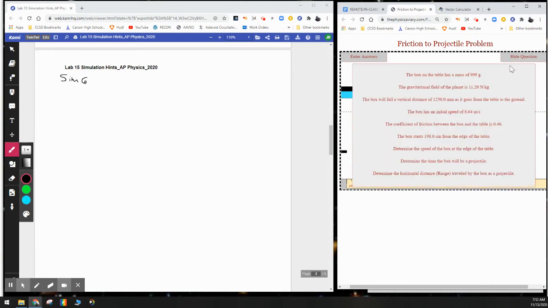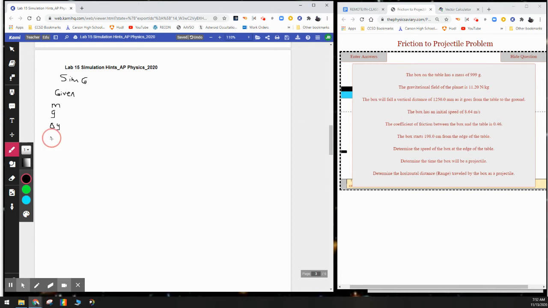Let's take a look at the question. All right, so let's write down the given information. We are given the mass. We're given g, the gravitational field, which is a little bit different. Now this is important: the vertical distance, which we'll call delta y, is given. It's in millimeters, so make sure we're in meters.